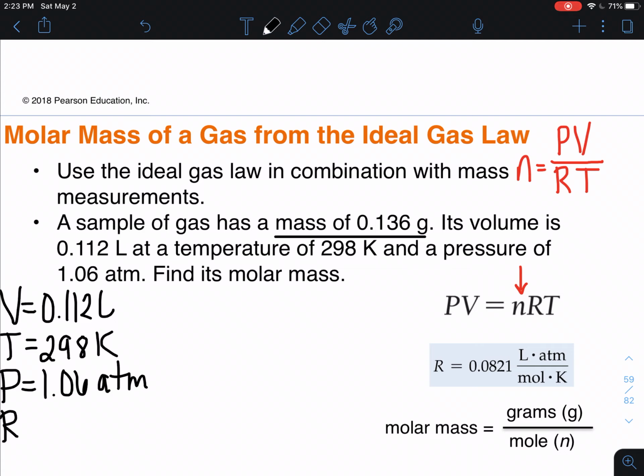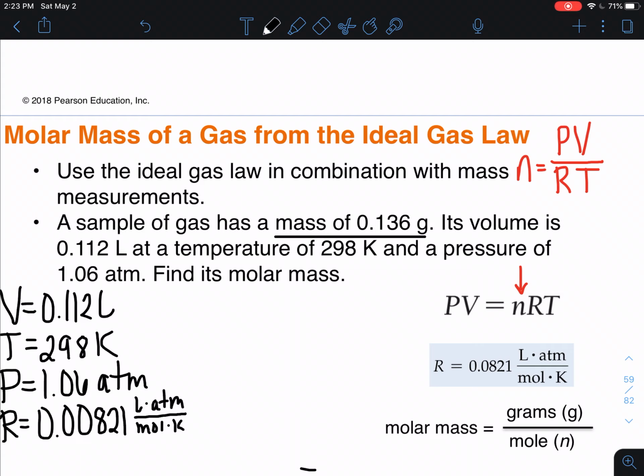And this is an ideal gas law problem, so R is 0.0821 liter atm per mole Kelvin, okay? And then I'm going to just plug everything in.